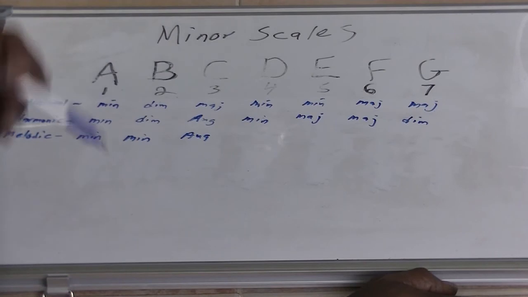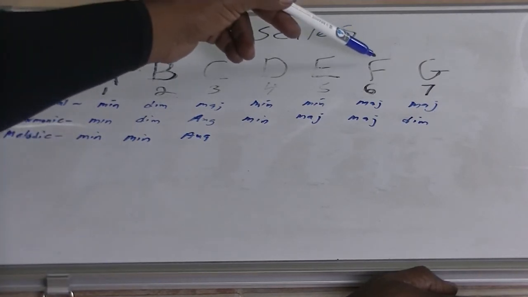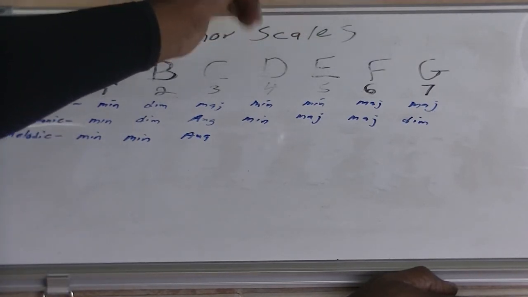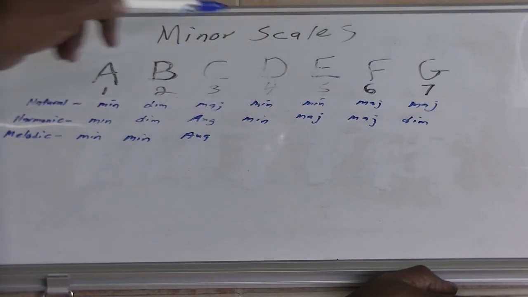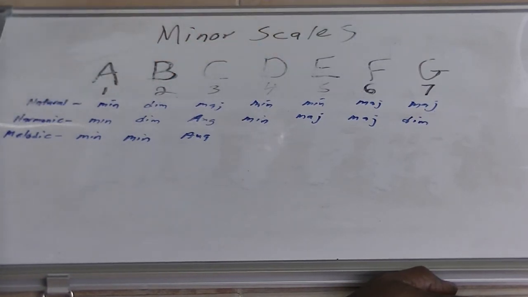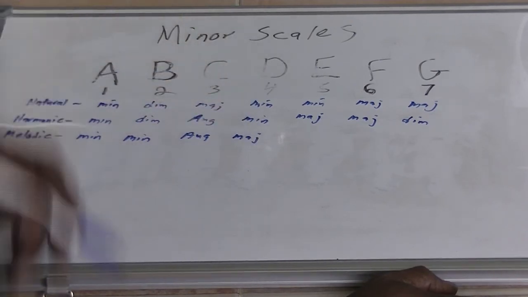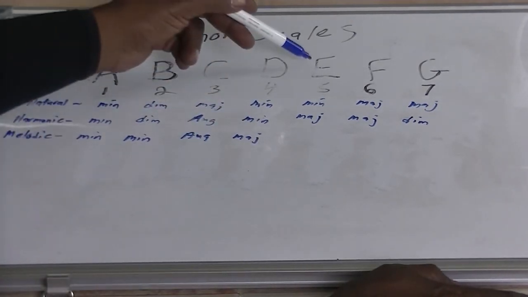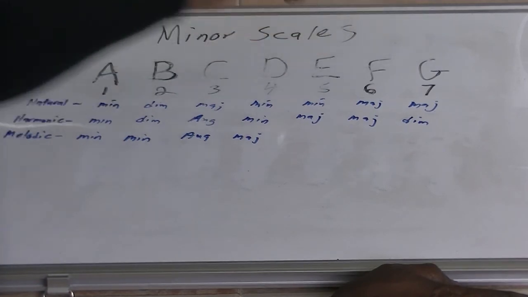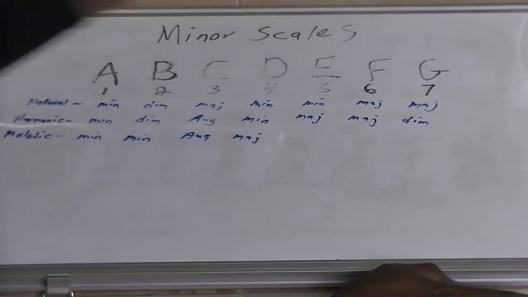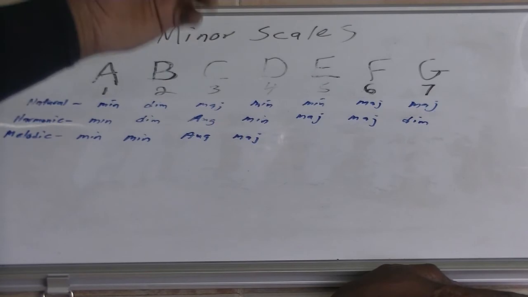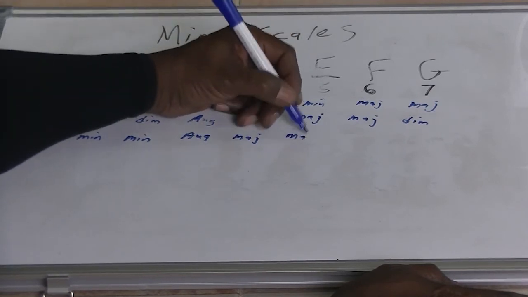The 4 chord now, because we have the raised 6th, which gives us the F sharp, we now have D, F sharp, and A. So our 4 chord becomes major. In our 5 chord, we have the raised 7th, which is represented by the G sharp. Our 5 chord becomes major as well.